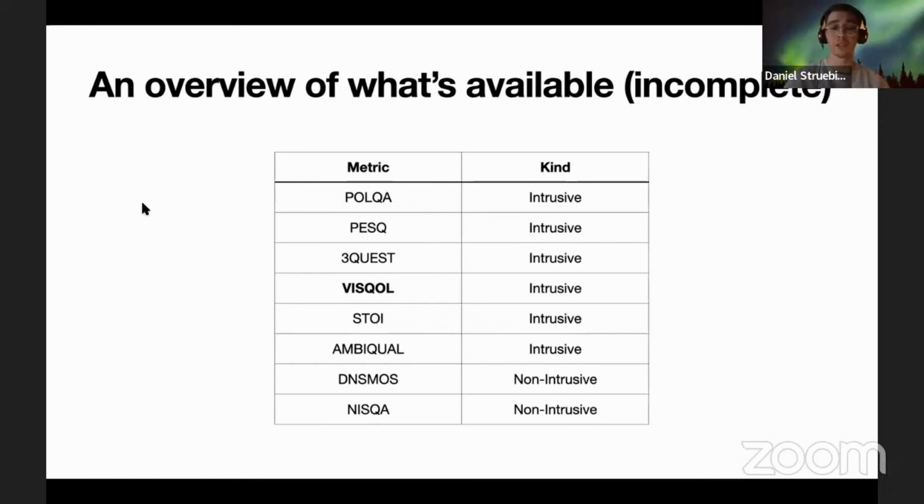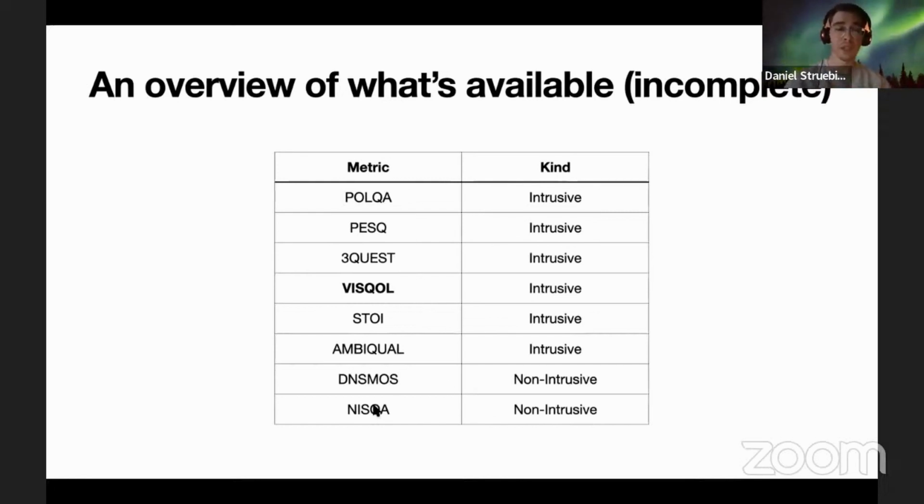And intelligibility is only one of the many dimensionalities of that. There are things like AMBIQUAL, which looks at binaural signals and their qualities. And then lastly, there's this differentiation I've made between intrusive metrics and non-intrusive metrics. So DNSMOS, developed by Microsoft, by Ross Cutler and many other researchers at Microsoft, is basically a deep learning model which has this innate sense of what good audio and bad audio is.